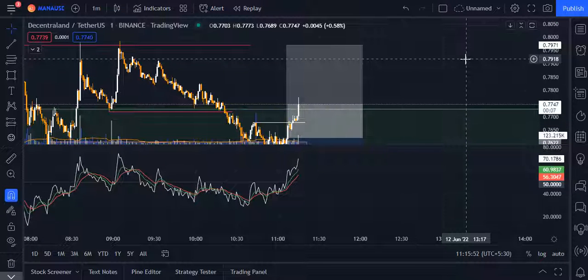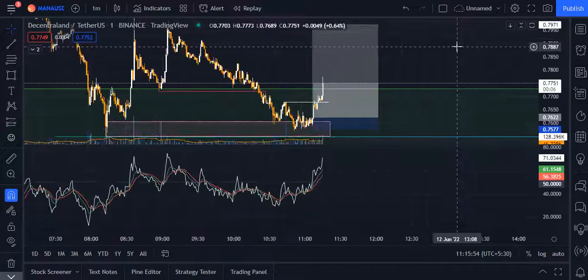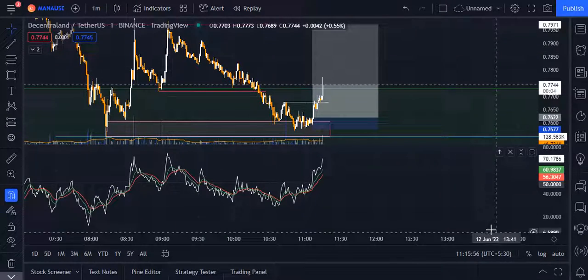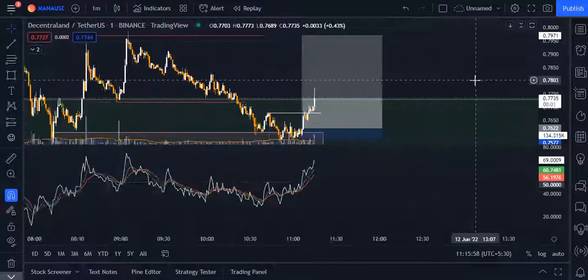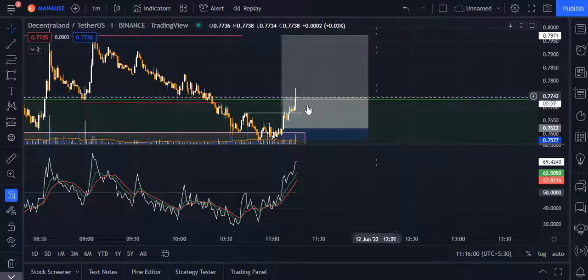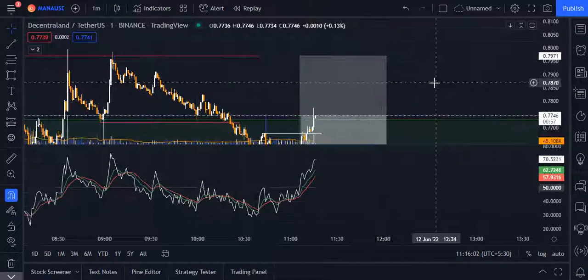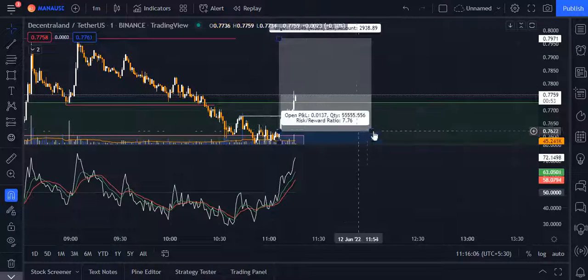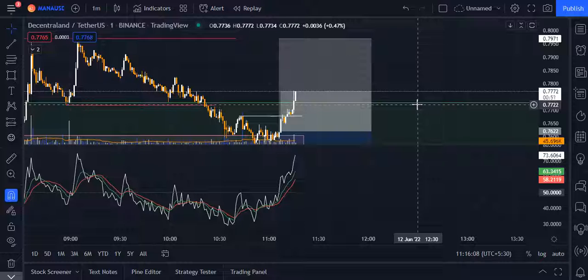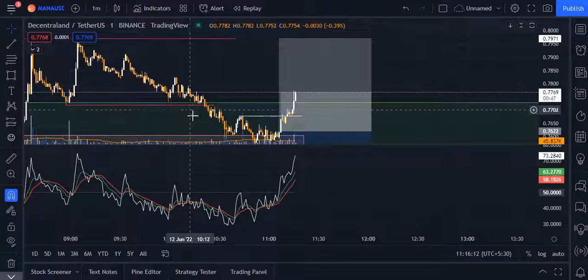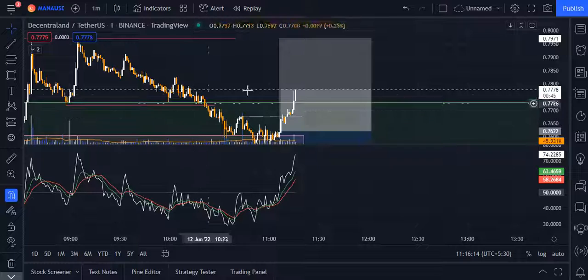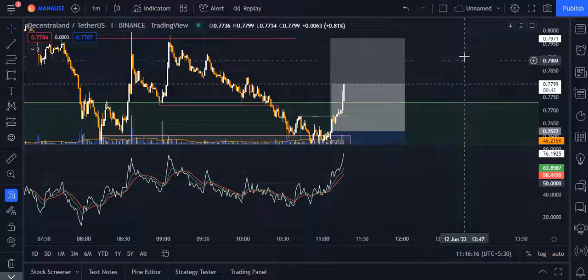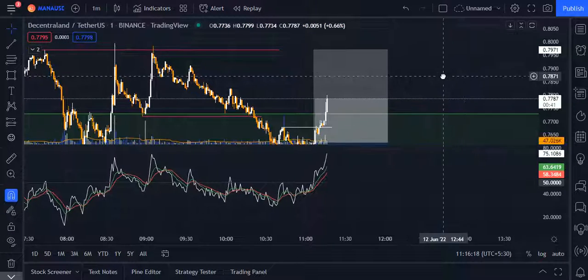We are breaking the OBs over here and we're flying high. Let's see if it's gonna hit the TP without even triggering the entry. So let's see. I think that we are gonna hit it.